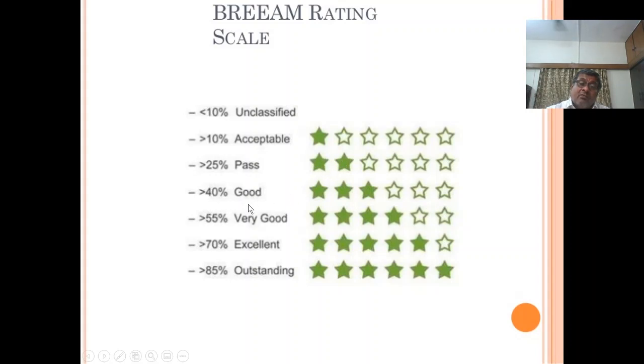Then greater than 40% but less than 55%, we get a 3 star, that is good. Greater than 55% but less than 70%, we get a 4 star. Then greater than 70% but less than 85%, we get 5 star, and greater than 85%, outstanding, we get 5 star.